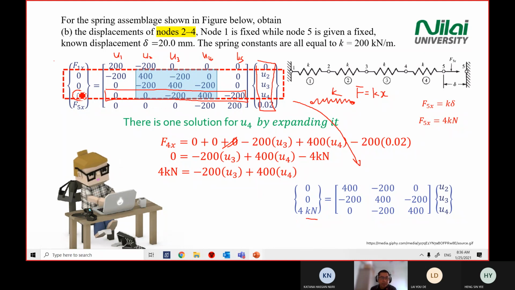For example, F4x here, when you expand, there is an equation when you put it into the matrix setup of U2, U3, U4. There's a 4 kN in the F component.